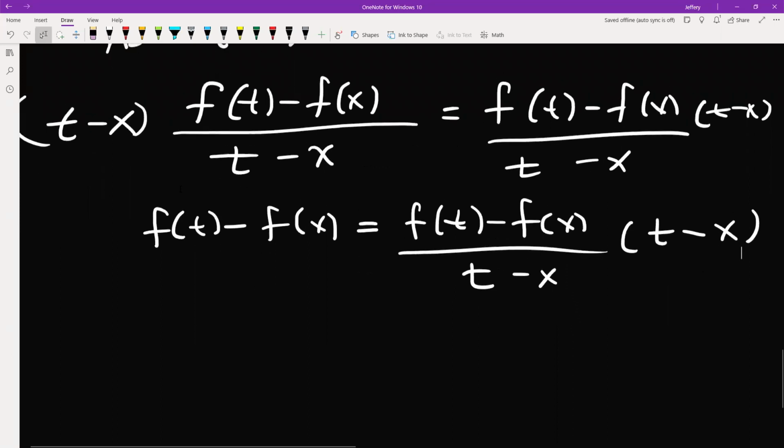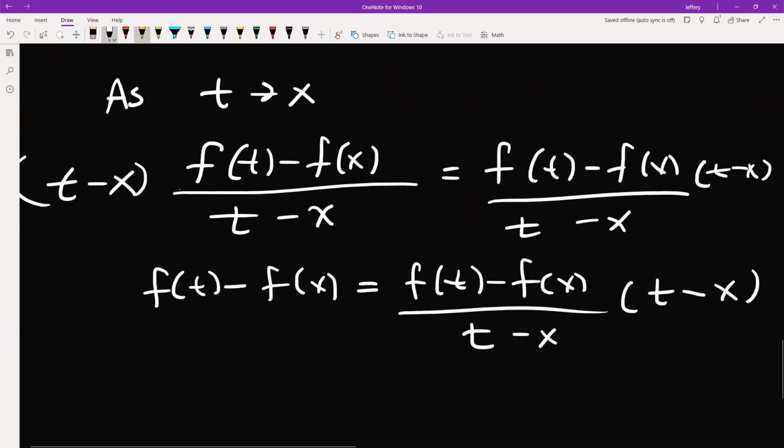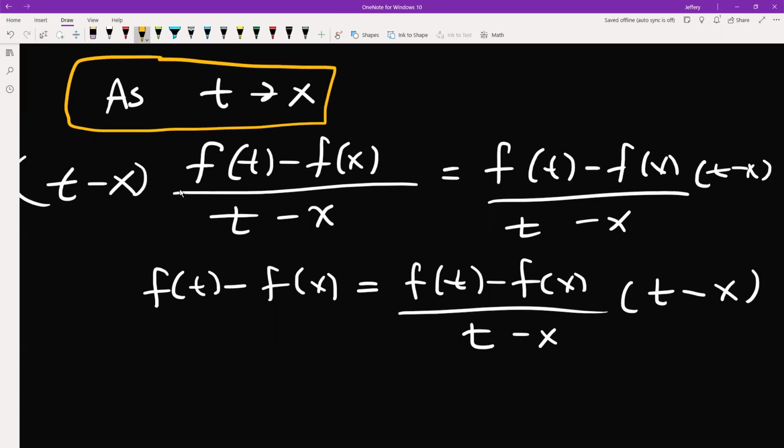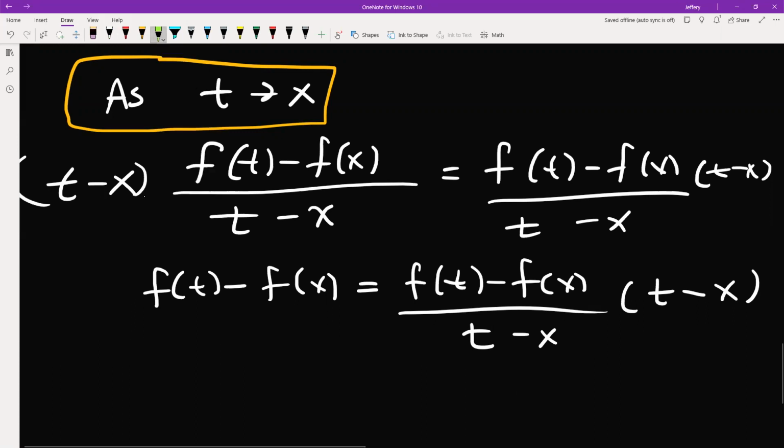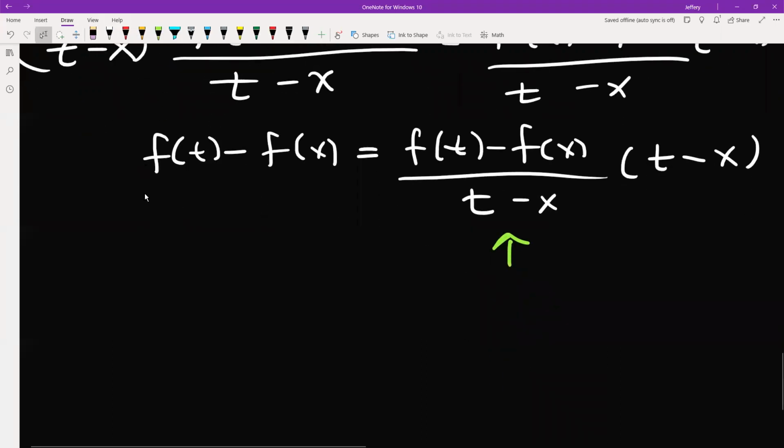And remember what we said up here. We said that t was going to x, right? So as t goes to x, what's going to happen here? This one will be the derivative, that's the definition of the derivative.